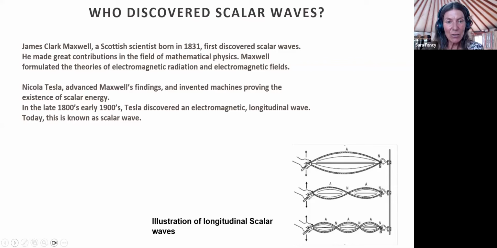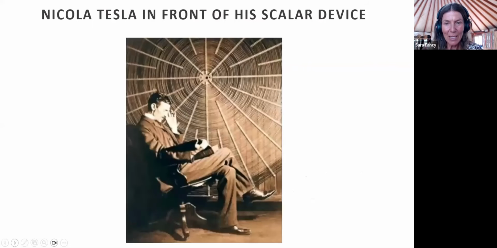In the late 1800s, early 1900s, Tesla discovered an electromagnetic longitudinal wave. Today, this is known as scalar waves. On the right here on the bottom, you'll see examples of scalar waves. And there he is, Nikola Tesla, in front of his massive scalar device.